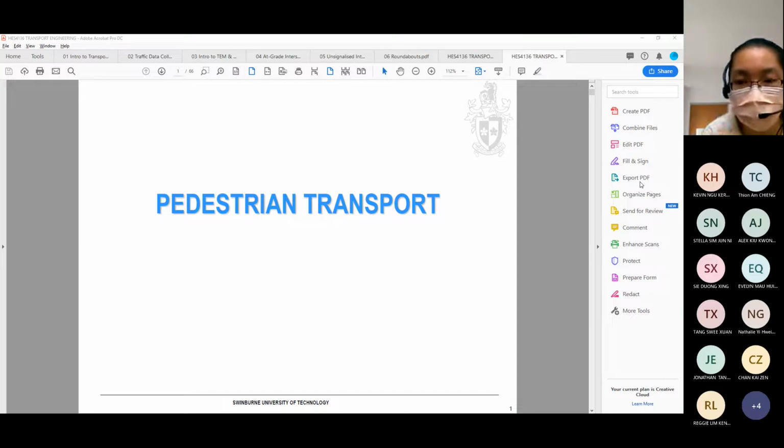As I said, rail system is not included, and earlier on I also mentioned that traffic control devices will not be included. Of course, I will not ask you to design a full roundabout as well. That has already been covered in your assignment 1.